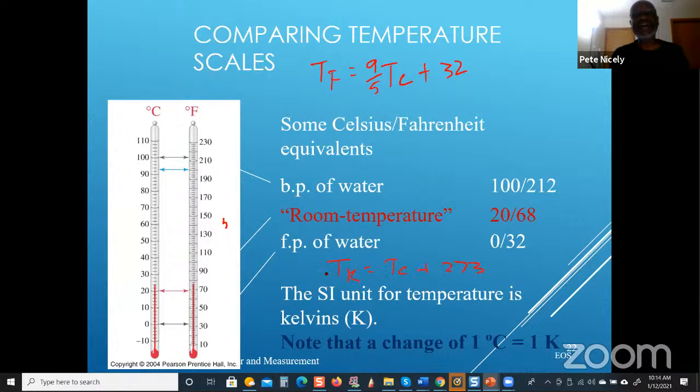And there's a bit of history behind that, which we'll get into later on when we start talking about the gas laws. I won't go into that right now, but for now, you need to keep this in mind. So this is the relationship between the Fahrenheit and the Celsius unit, and this is the relationship between the Kelvin and the Celsius unit. Okay, so that's basically as far as the temperature scales are concerned.